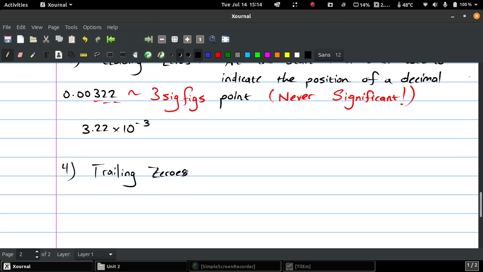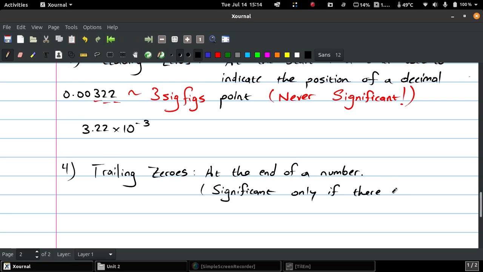At the end of a number, they are significant only if there is an explicit decimal point.